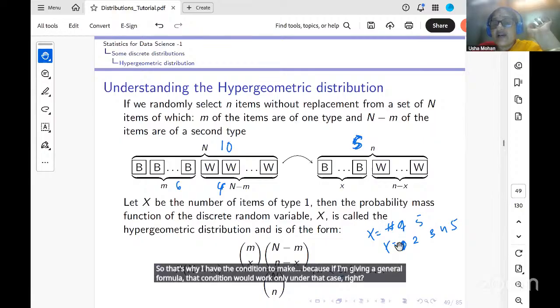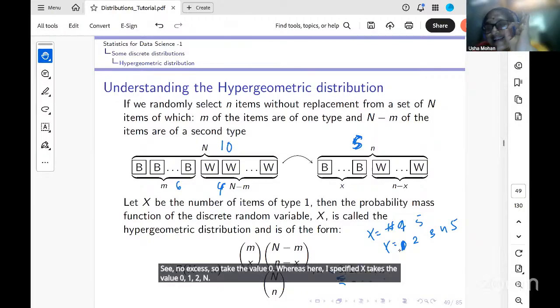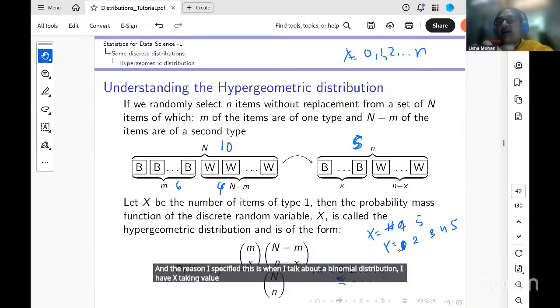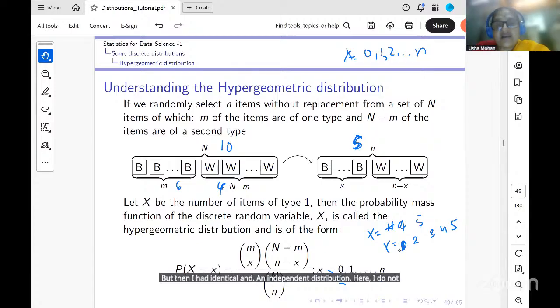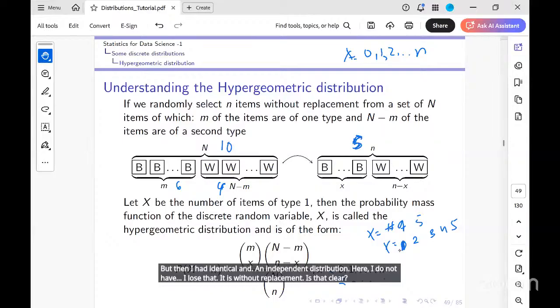Now x does not take the value 0, whereas here I specified x takes the value 0, 1 to n. The reason is that in a binomial distribution x takes values 0, 1 to n, but there I have identical and independent trials. Here I lose that, because it is without replacement. Is that clear?